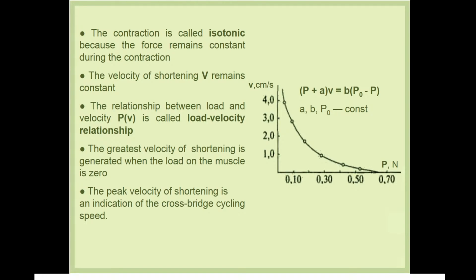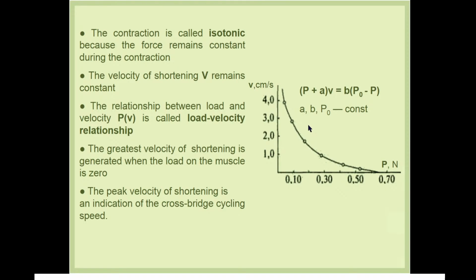The relationship between the load and velocity is called the load-velocity relationship. The greatest velocity of shortening is generated when the load on the muscle is zero. The peak velocity of shortening is an indication of cross-bridge cycling speed.